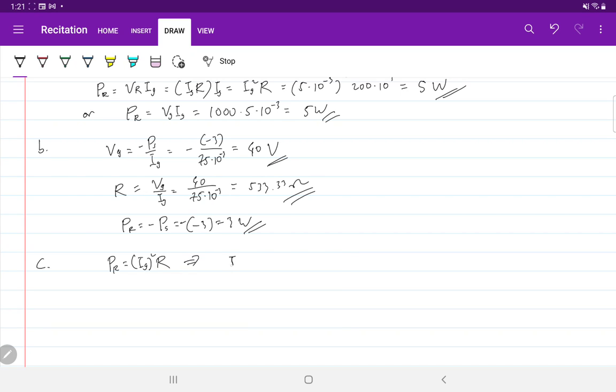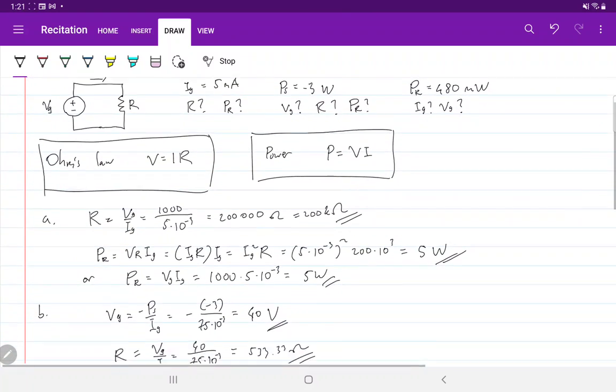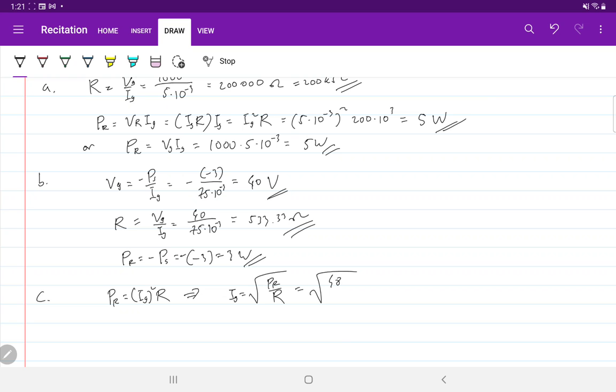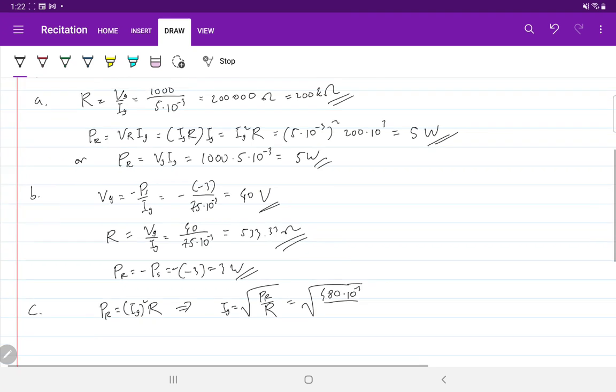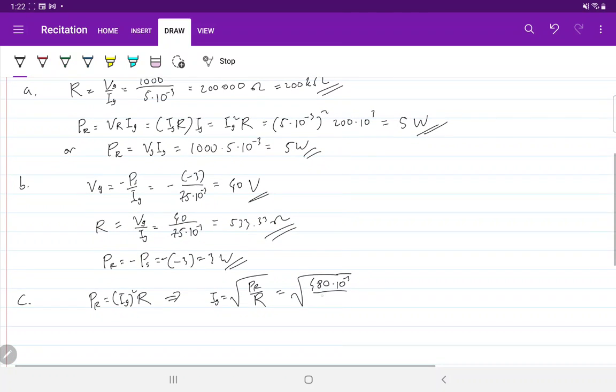So that means IG is the square root of PR over R, which is the square root of 480 milli over R, 300, so that equals 40 milliamps.